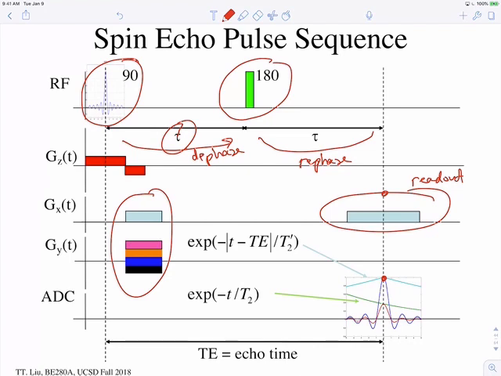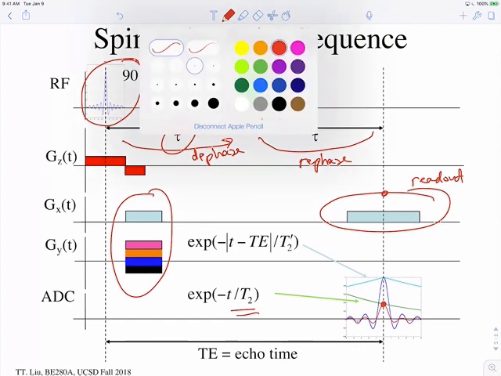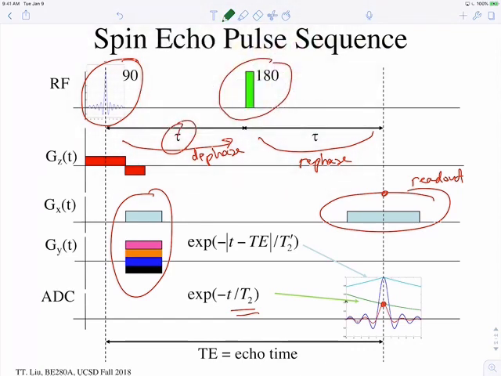So this was if we, let's see, e to the minus T over T2. Okay, let me erase that. So at this point in time, we have pure T2 decay. Whereas before, when we had the T2 star decay, I didn't draw it here, but we would probably have been down here, with more decay.